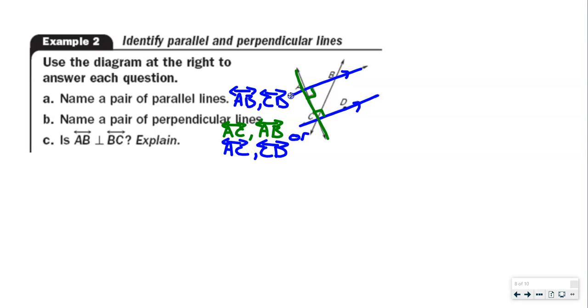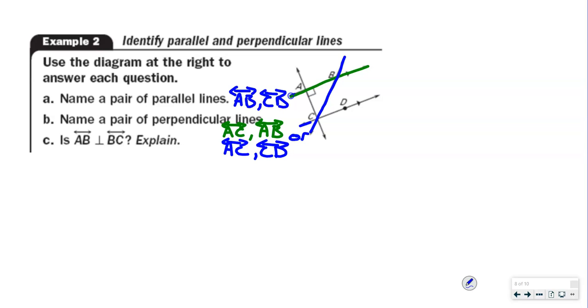And then our question for C, is line AB perpendicular to line BC? And they would need to explain.